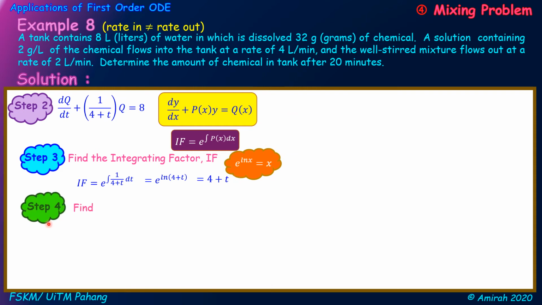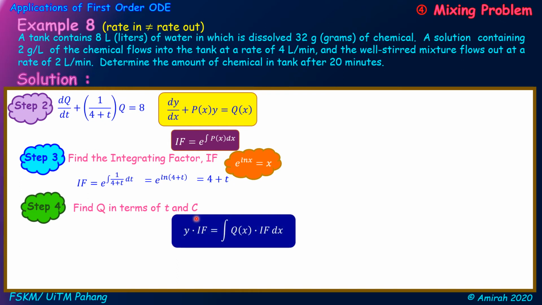Then we continue with step 4. Find Q. Q means the amount in terms of time t and c. So we can refer to the linear equation, y times the integrating factor equals the integration of Q(x) times the integrating factor dx.